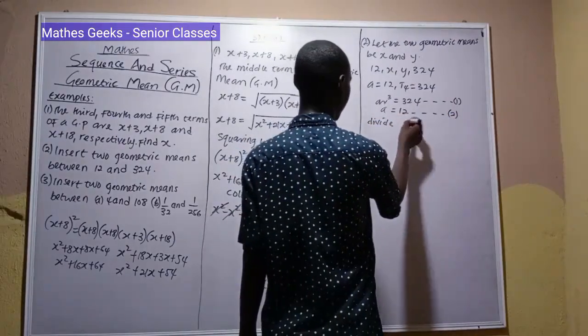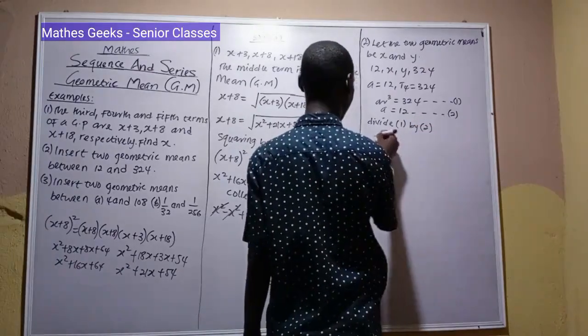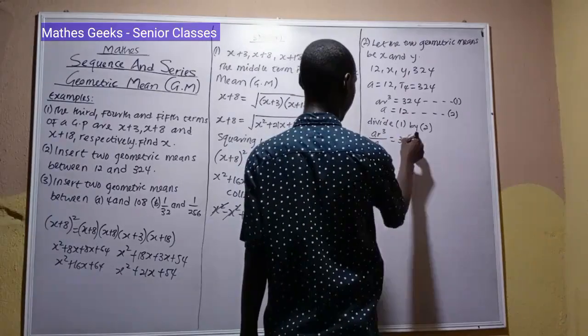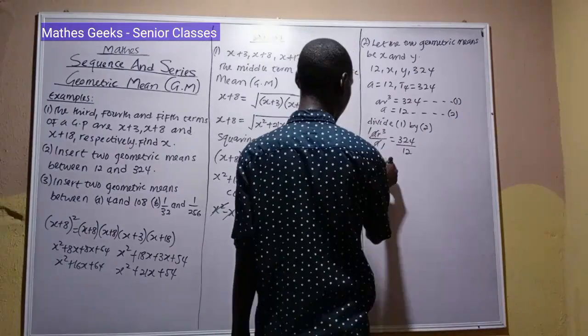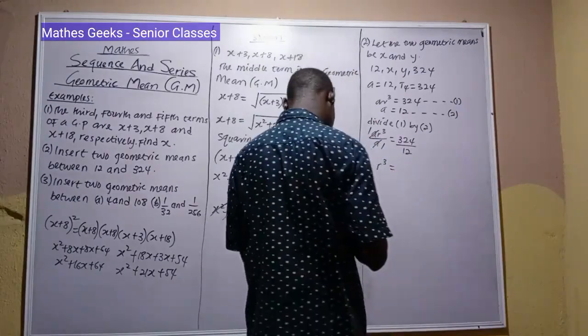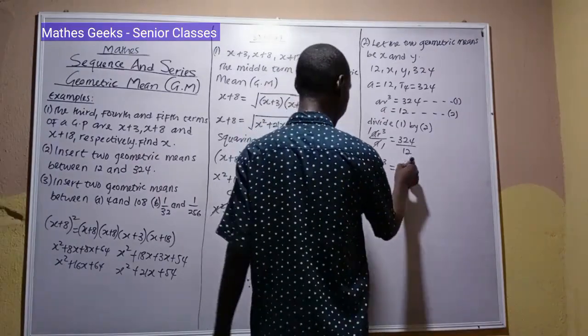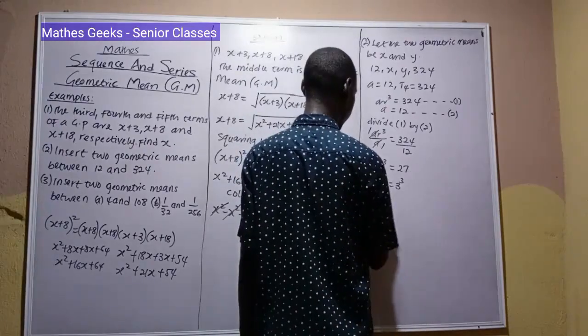So divide equation 1 by 2. So ar to the power 3 over a is 324 divided by 12. So r to the power 2 is equal to 27. So r to the power 3 is equal to 3 raised to the power 3.